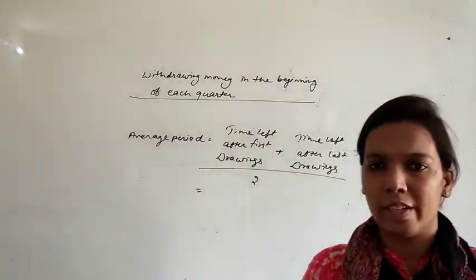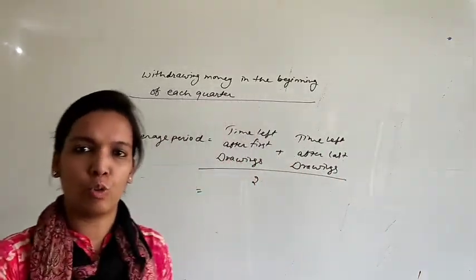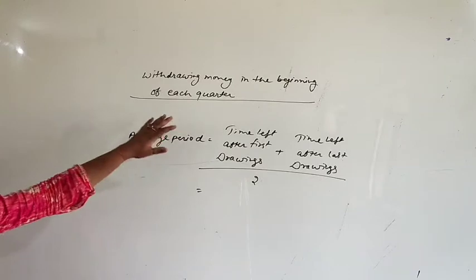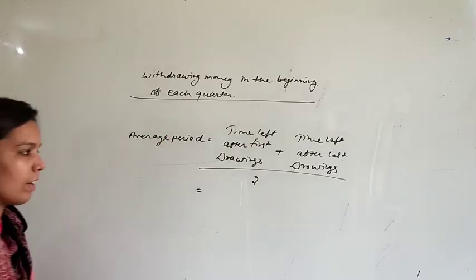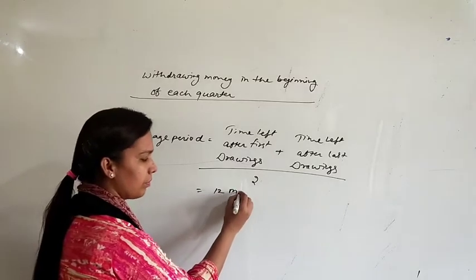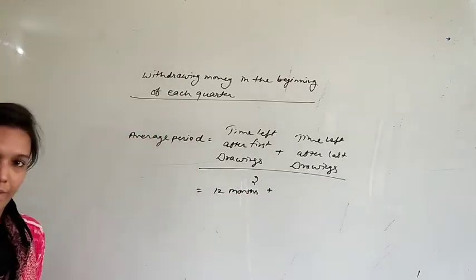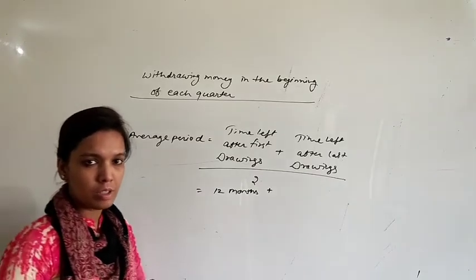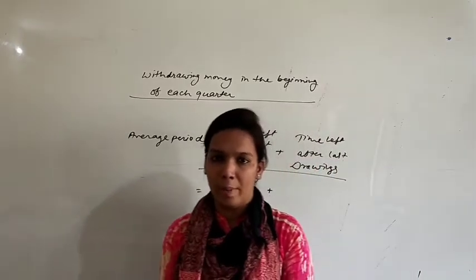It means quarters are divided after every 3 months. It means in 1 year you will have 4 quarters, right? So when you withdraw money in the first quarter, it means you have 12 months left. Then the time left after last drawing, when you withdraw the amount last from the business, on a quarter basis.